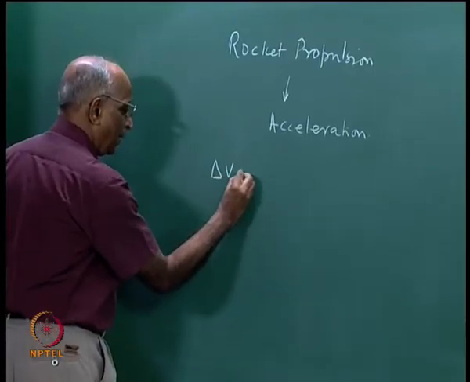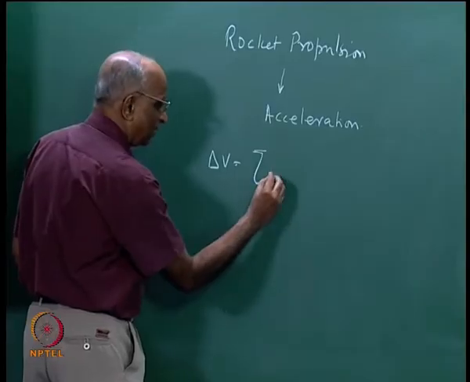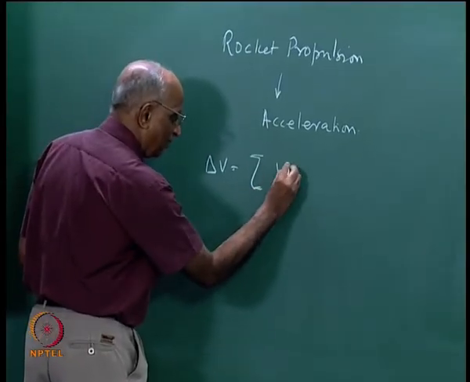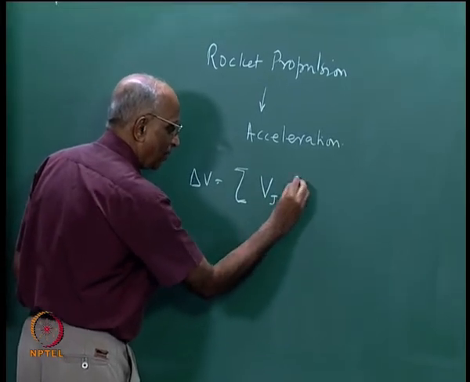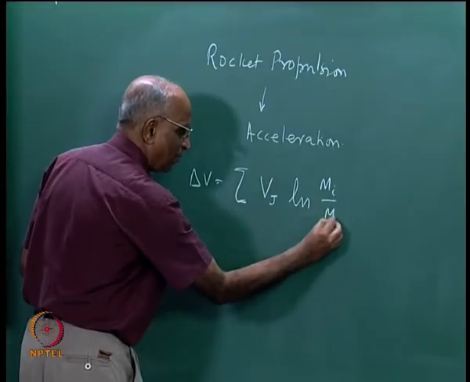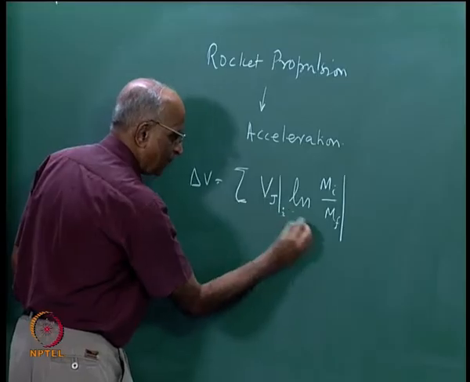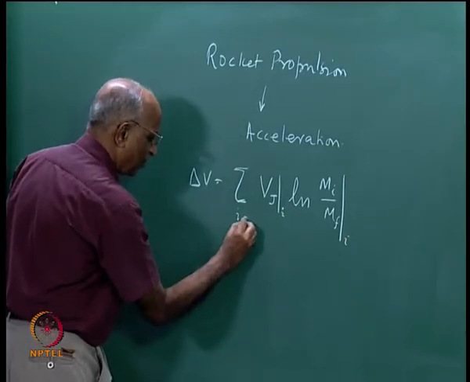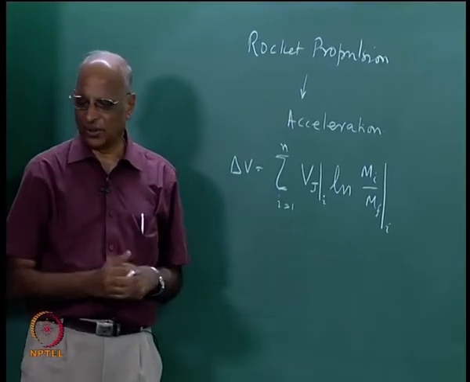And what did we now tell? Delta V is equal to the summation of, I now use a simplified system, Vj depending on the number of stages, times ln of the ratio of the initial to the final mass of the corresponding stages, as I goes from the first stage to the other. This is how we calculate.